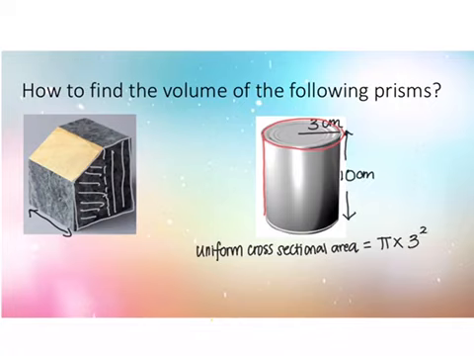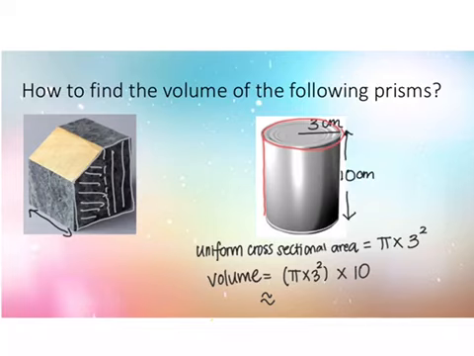And in order to get the volume of this can down here, we will take the uniform cross-sectional area, which is pi r squared, multiplied by the height of the can. And that gives us a volume of approximately 283 cm cubed to 3 significant figures.